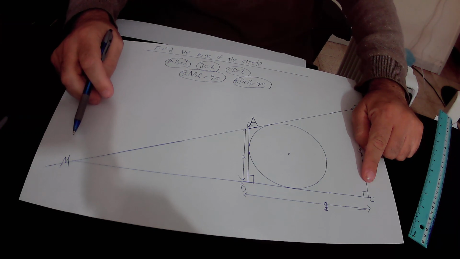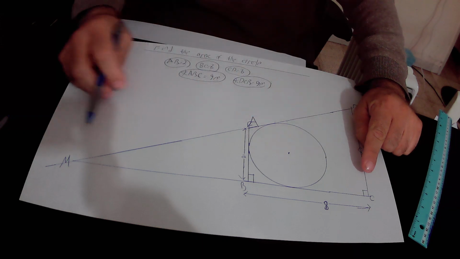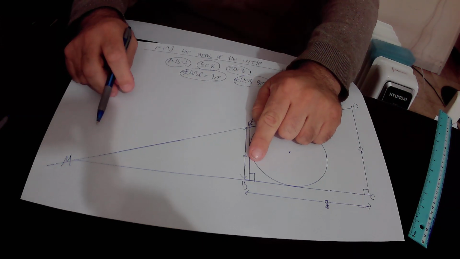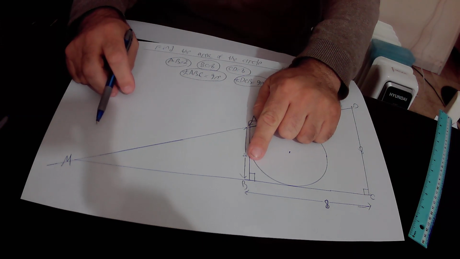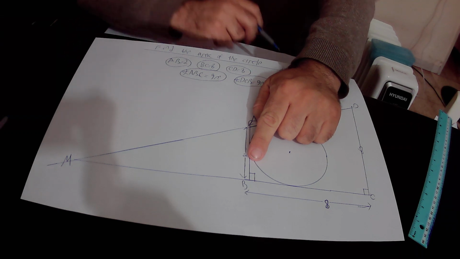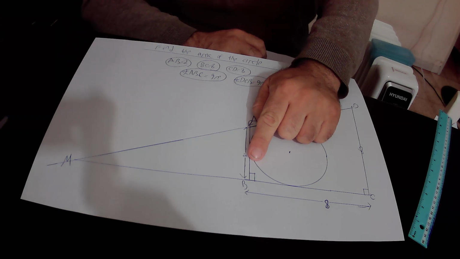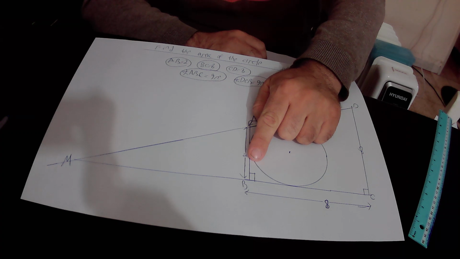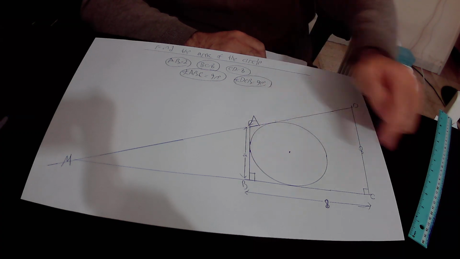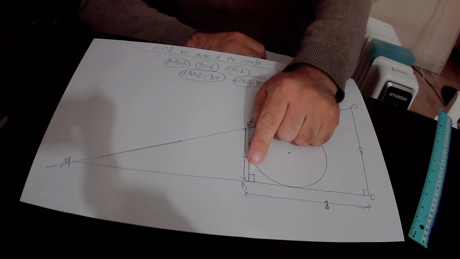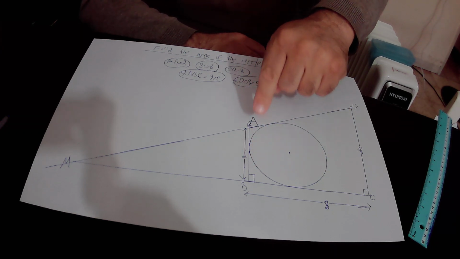So if we focus on the upper side of the straight line CM at point B, the sum of the angles must be equal to 180 degrees, according to the rule that the sum of the angles on one side of a straight line is equal to 180 degrees. Which angles do we have at the upper side of CM at point B? We have this angle that is equal to 90 degrees plus the missing angle ABM.